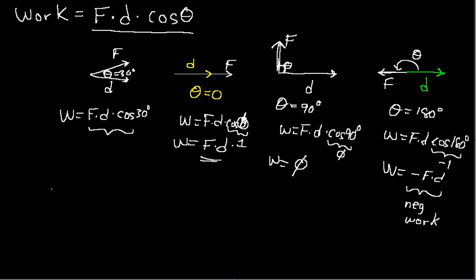Now remember last time we talked about work units. The unit of work was the joule, and a joule is abbreviated just with a J. One joule of work is the equivalent of moving something with a force of 1 Newton, 1 meter.